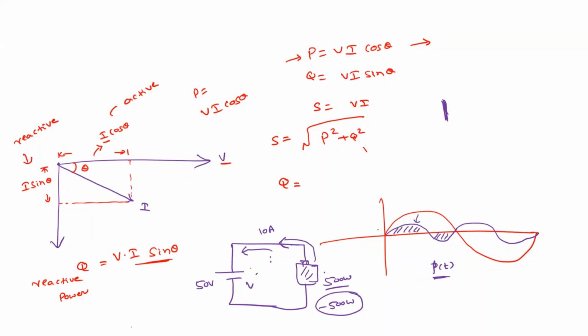So this average, this is known as, right, at what rate it is giving. That gives you VI sine omega t, so VI sine theta. So this is known as reactive power.